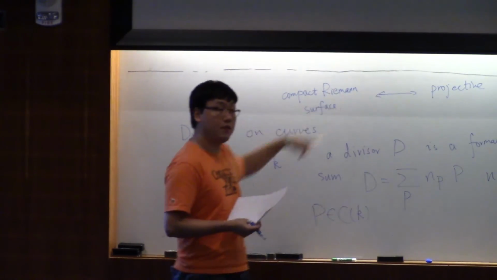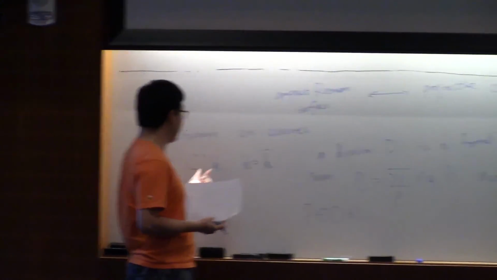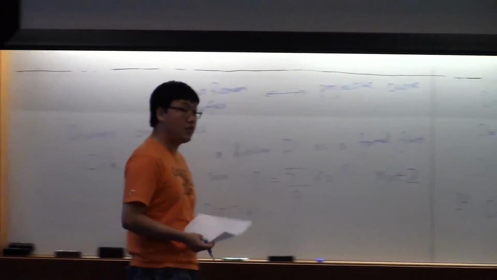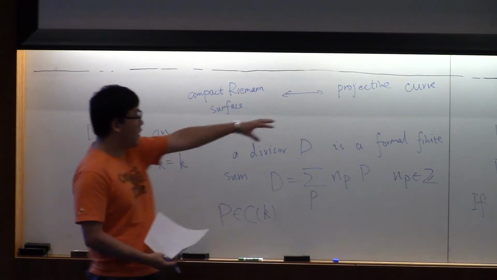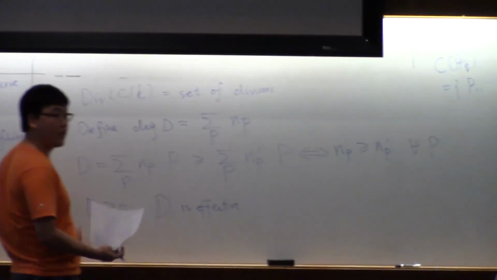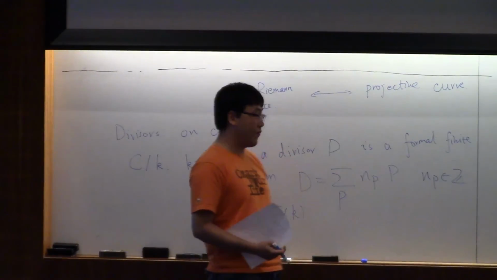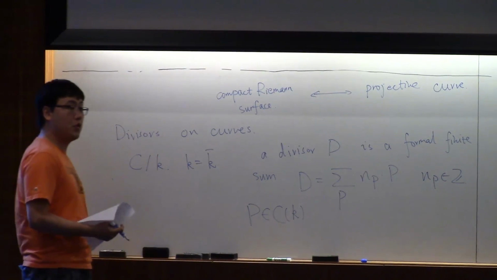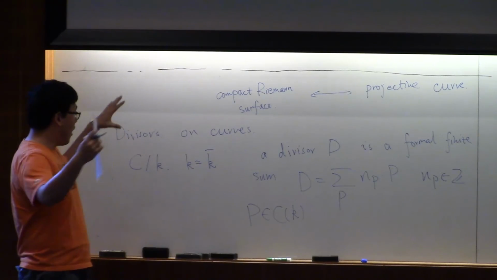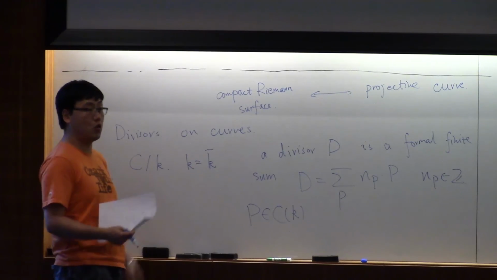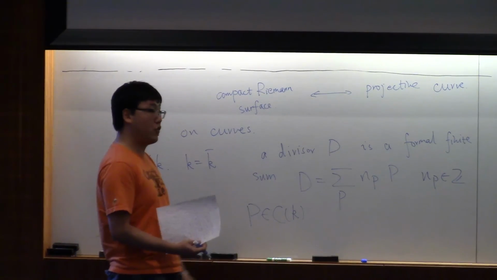Here, I just gave the definition of a divisor of a projective curve over an algebraically closed field. But if K is not necessarily algebraically closed, how can you define the notion of divisors, or the set of divisors? A naive guess is that you just replace the point P by K-rational points on the curve C. But this is not a very good definition, because on a curve, you may not have K-rational points at all, or you only have one or two, or very few K-rational points.